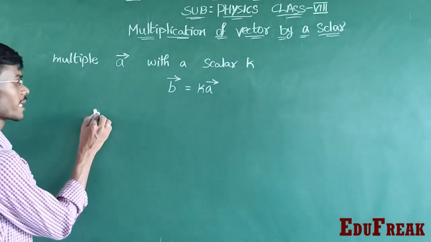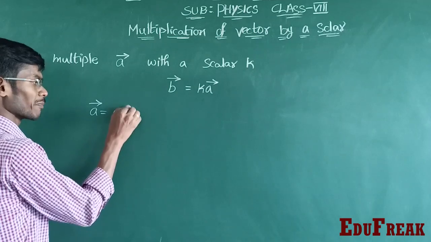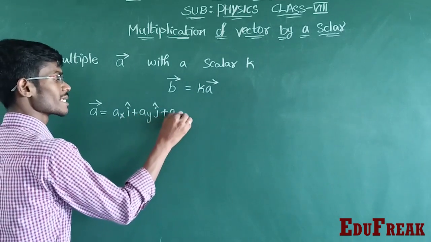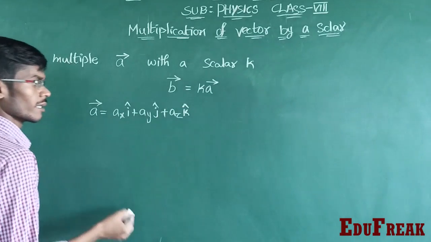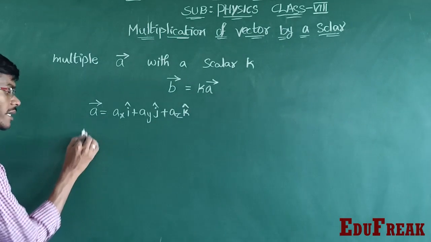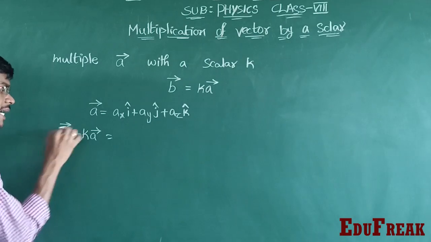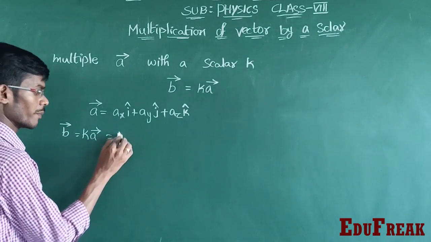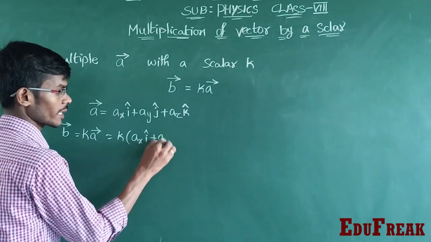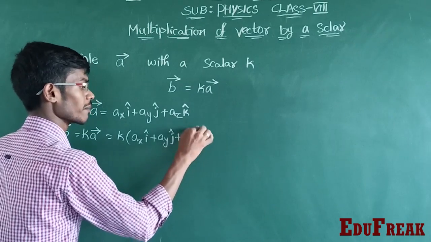If I consider a bar vector as ax i cap plus ay j cap plus az k cap, and multiply this a bar vector by k, this is my new vector b bar, which I write as k into ax i cap plus ay j cap plus az k cap.